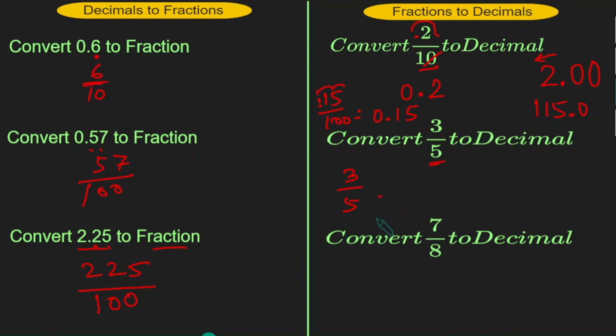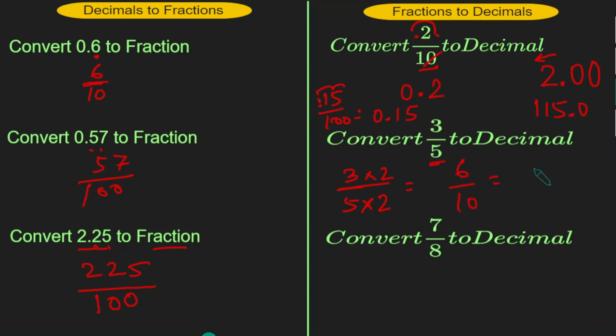We know the process, we can do that. So see, what is the nearest number with zeros that we can make from 5? It is 10. For making 10, we had to multiply this by 2, so we will multiply the numerator by 2 as well to get its equivalent fraction. So the equivalent fraction is going to be 6 upon 10.